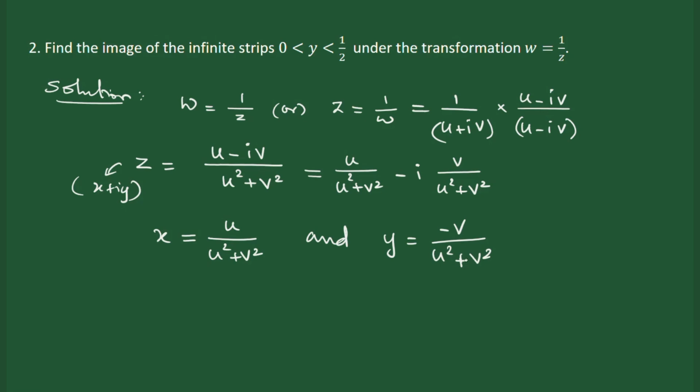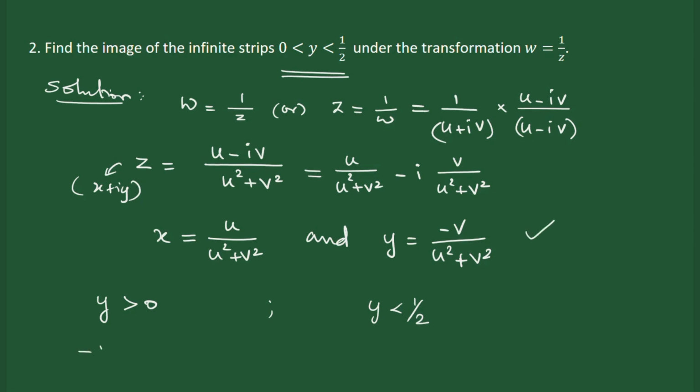So after writing x and y like this, now what is the question given here is infinite strip 0 less than y less than 1 by 2. So here we can split this inequality as y greater than 0 and y less than 1 by 2. Now y greater than 0 means this is y here.